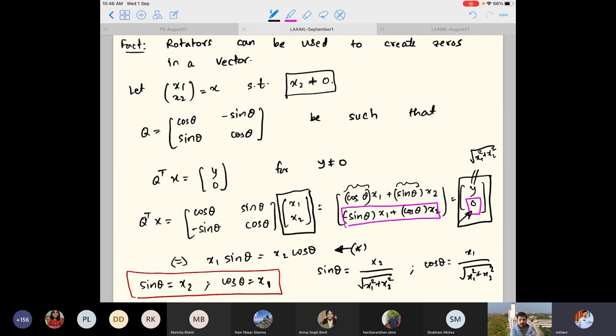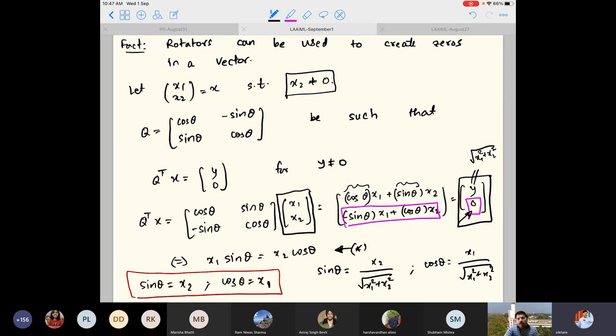If x2 itself is 0, then we don't want to introduce any more zeros, because in that vector you already have a 0 where you wanted to introduce it. And if x1 is 0, then x2 not equal to 0 guarantees that you are not working with a 0 vector. In a 0 vector, no more zeros can be introduced. So you want to take care of that division by the square root of x1 square plus x2 square. It should make sense.